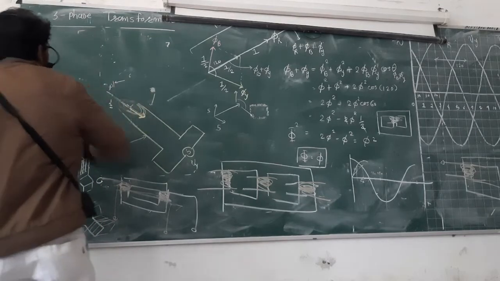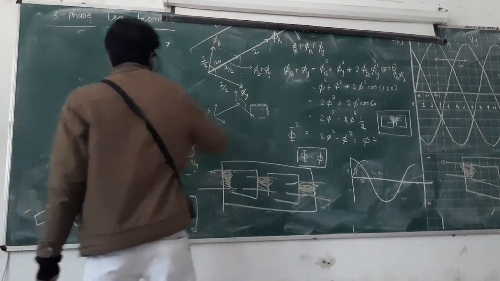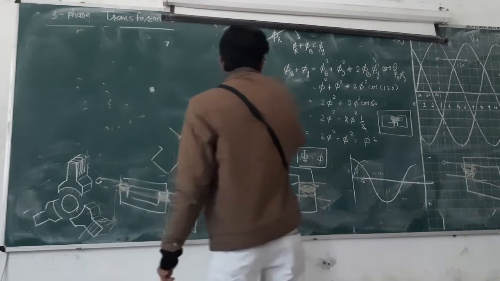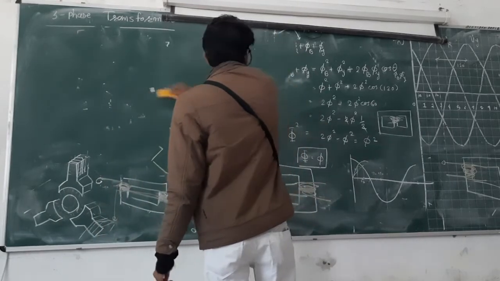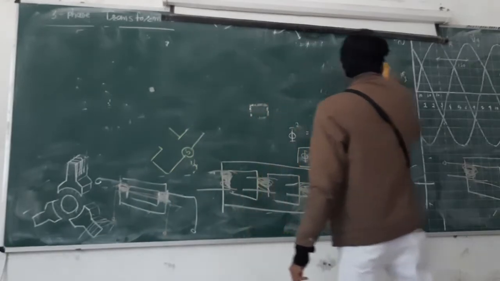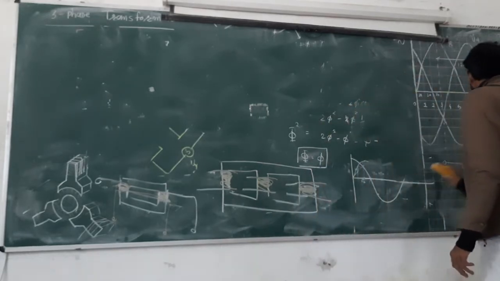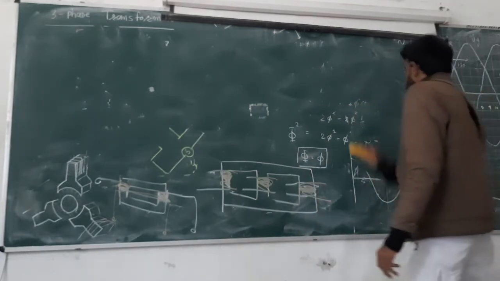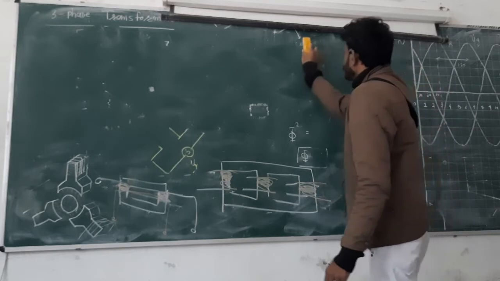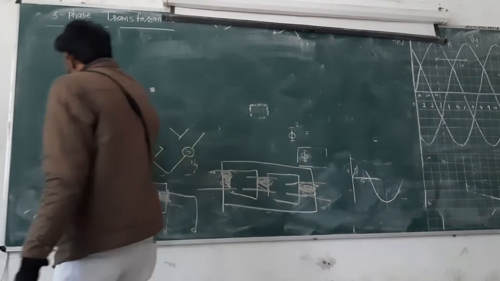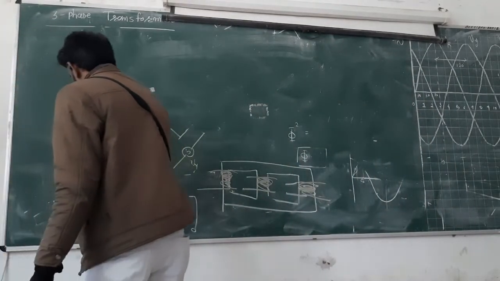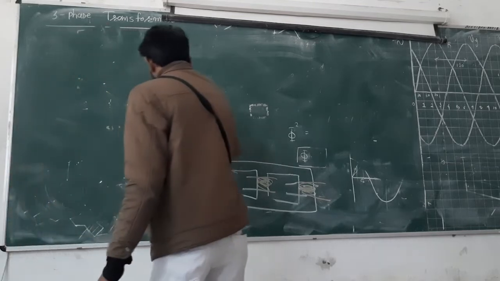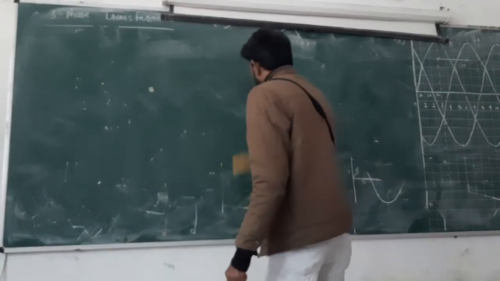Okay, so now we are going to deal with the three-phase transformer. You know what happens when the single-phase transformer is there. Now we are going to connect the same kind of three windings in such a way that the flux inside the core operates so that you get better performance.